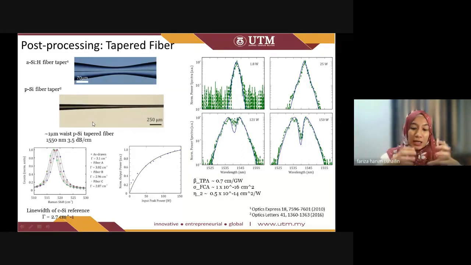That improves the crystalline orientation until we can lower the attenuation from 20 to 10 dB per centimeter down to 3.5 dB per centimeter at 1.55 micron. At this attenuation level, we can observe the nonlinear interactions.